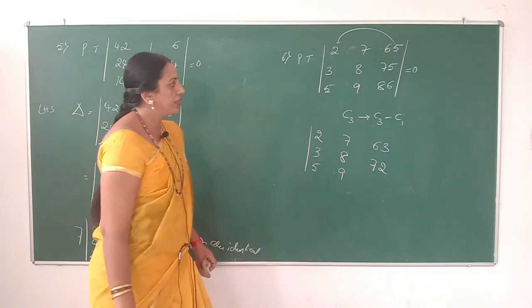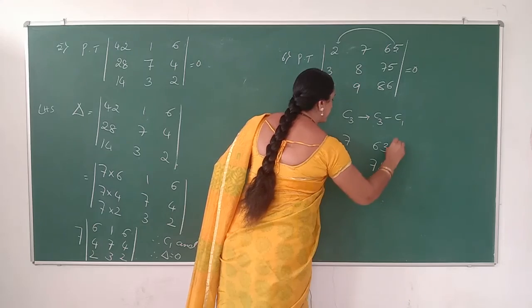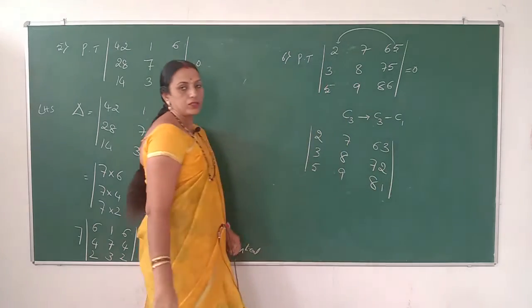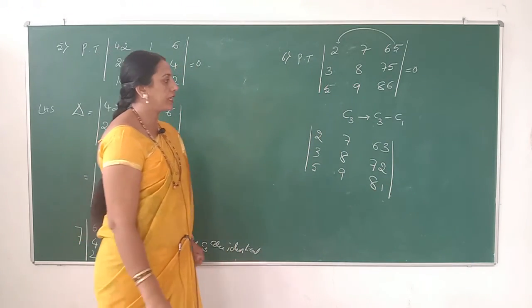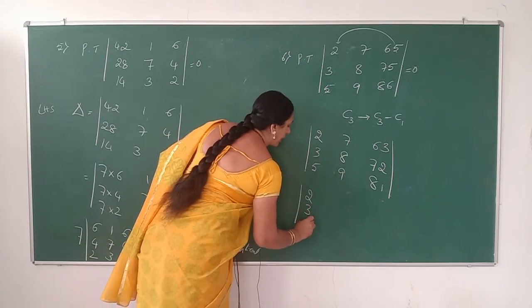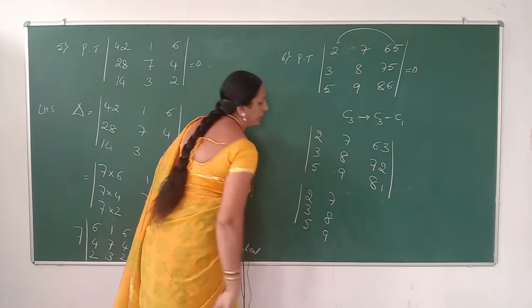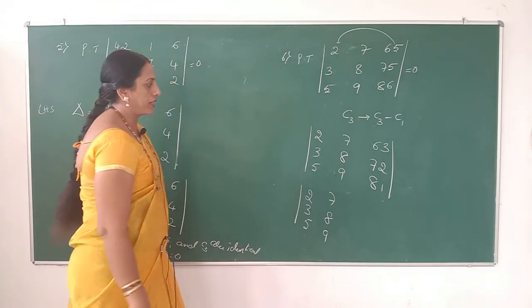And the third one is 86 minus 5 is 81. So we take the subtraction of C3 and C1. After that, C3 has changed, and the second column does not alter.